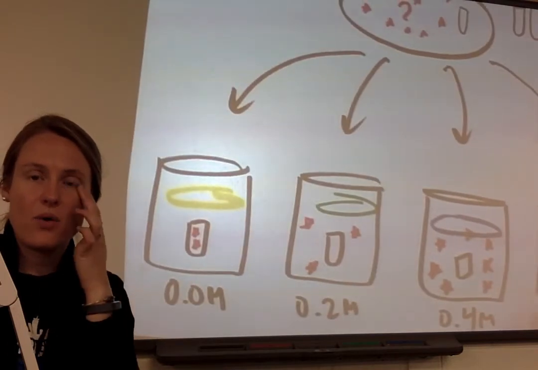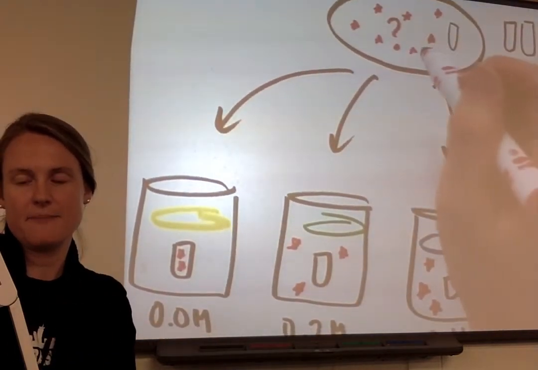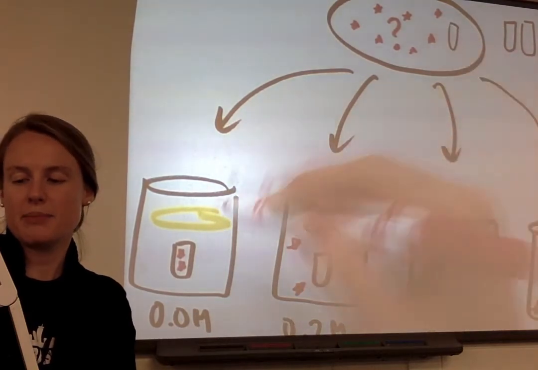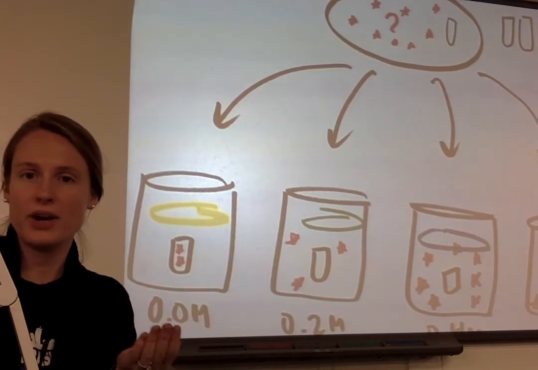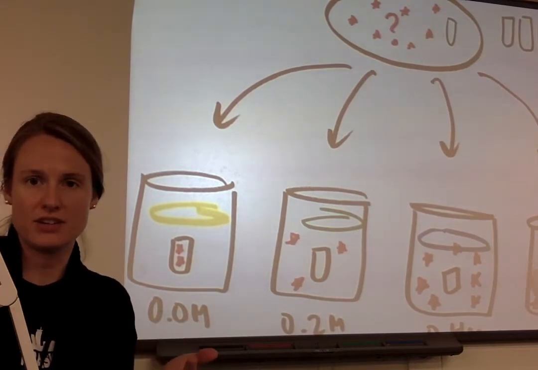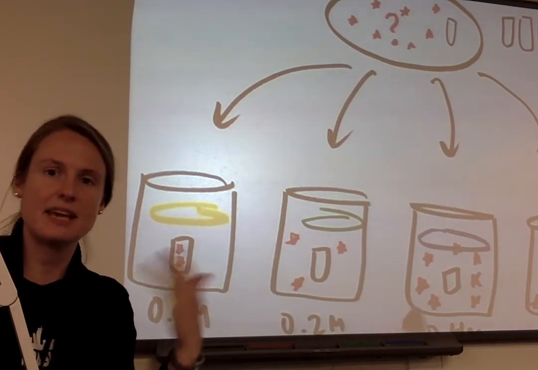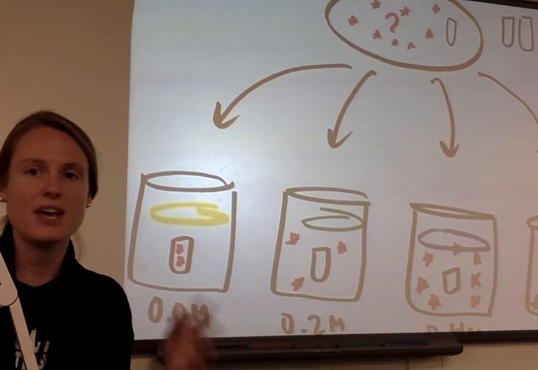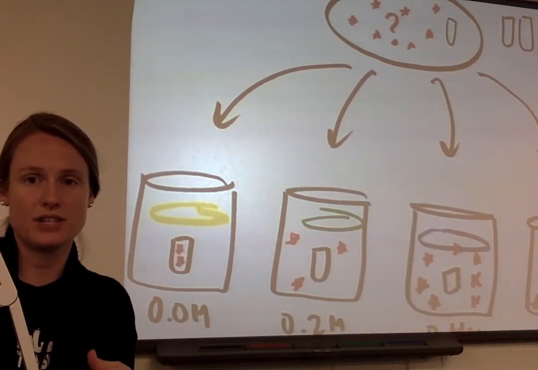So in order to figure out what the concentration of this potato is, we wanted to put the potato in different concentration solutions to try to see at what point the mass of the potato doesn't change. So if the mass of the potato is not changing, that indicates to us that the same amount of water is going in and coming out, and so the potato is isotonic to that concentration.